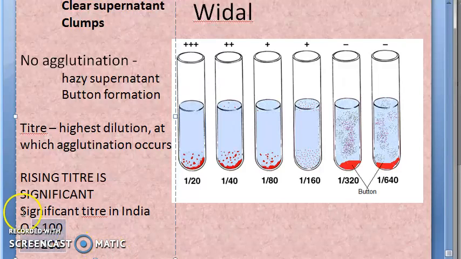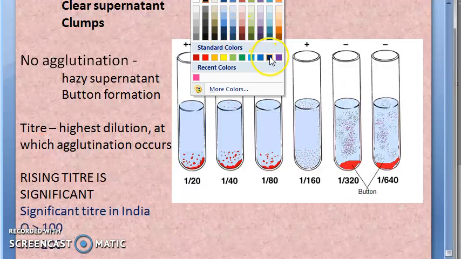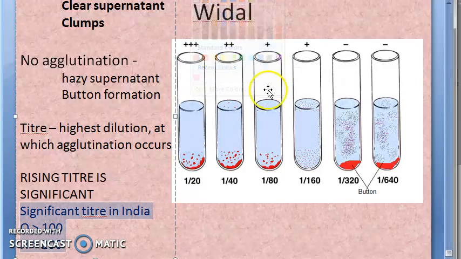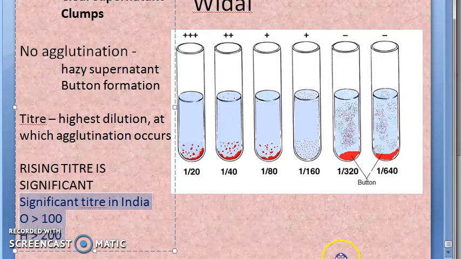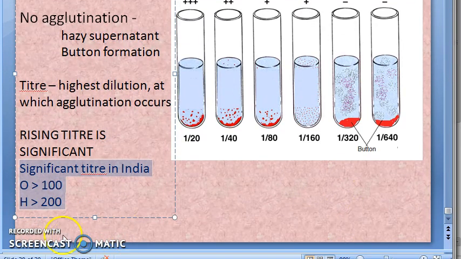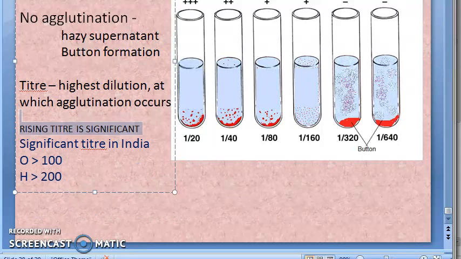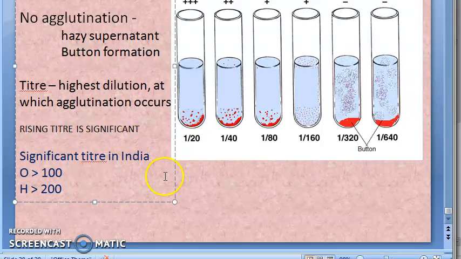O agglutinant titer more than 100, H agglutinant titer more than 200. Are you able to see? So these are significant titers in India. Rising titer only is actually significant. Significant titer in India will be O greater than 100, H greater than 200.